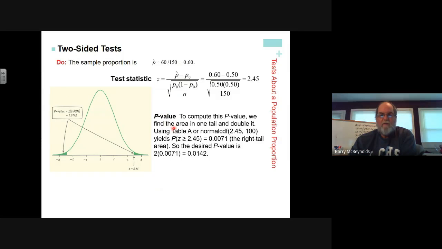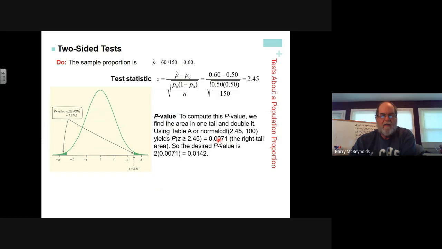And so when we do the calculation, either looking up table A or using normal CDF, we determine that the probability of being in either portion of this tail is 0.071.